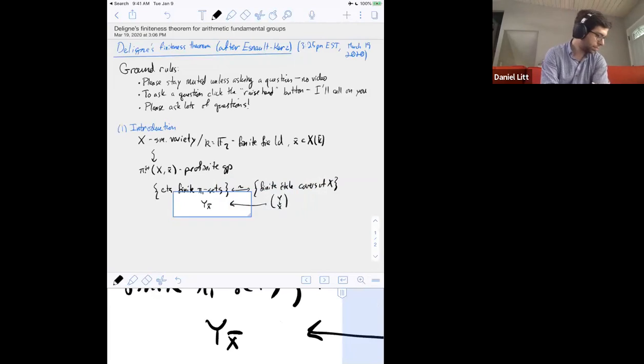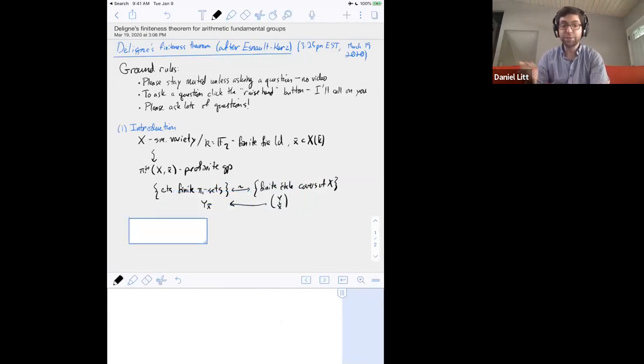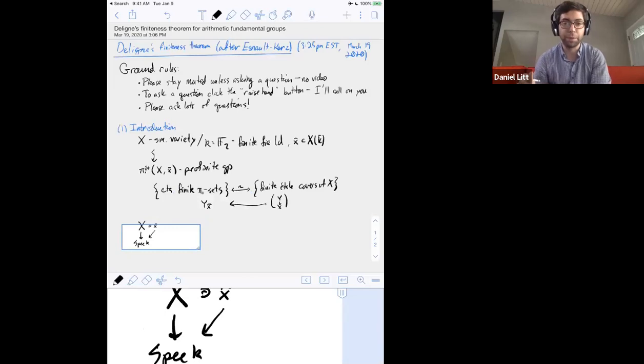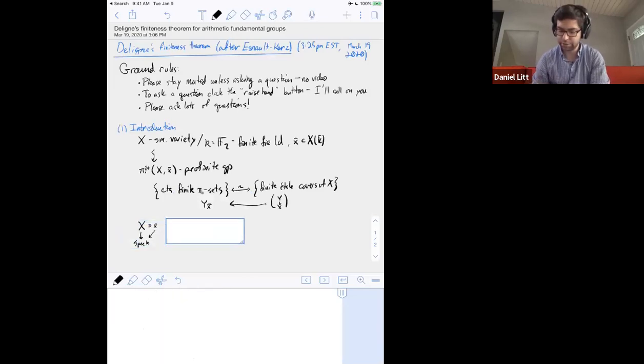All right. So what is the structure of this group? We don't know much about it. It's actually very mysterious, but let me tell you a bit about it. So what are we given? We're given X, and inside of X, we have this geometric point X bar, and X maps to spec K, the point, and so of course X bar also maps to spec K. So this is a map of pointed varieties, and pi1 is functorial.